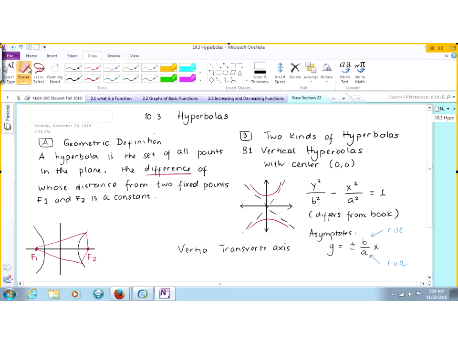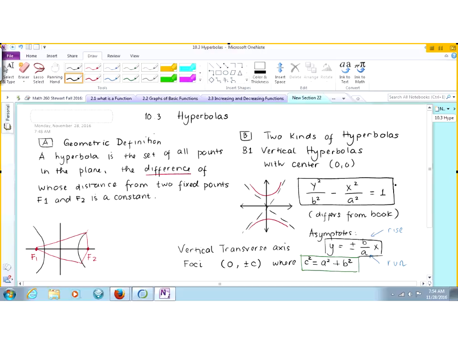And the coordinates of the two foci are 0, plus or minus c, where c squared is a squared plus b squared. There are some things you have to memorize. So c squared, not c, is a squared plus b squared.